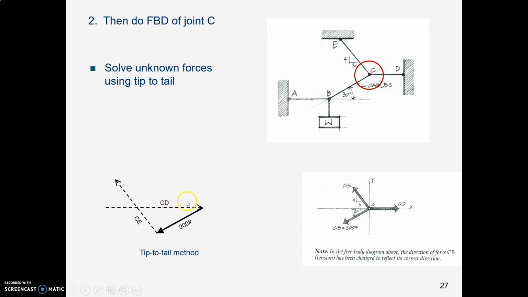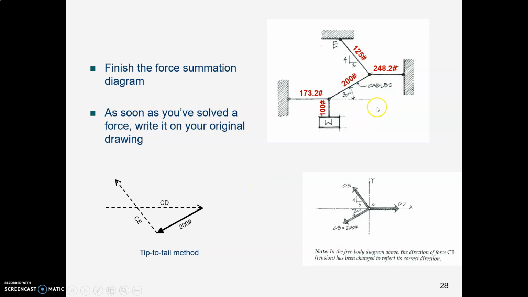And we have those 3 forces chasing each other around in a closed loop. Now we can measure CE, and we can measure CD, and we'll know the magnitudes of those forces, and we can write those numbers on our force summation diagram as well. And now we're done. We've found all the forces.